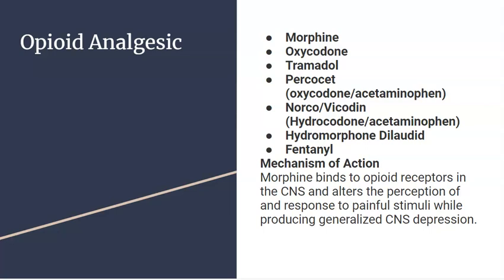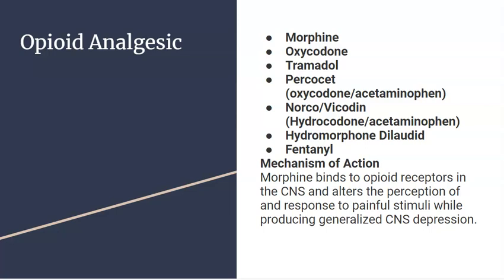The other group of pharmacological analgesics are opioid analgesics. Those include medications such as morphine, oxycodone, tramadol, Percocet, and just know Percocet has oxycodone with acetaminophen. And then Norco or Vicodin is hydrocodone with acetaminophen, hydromorphone or Dilaudid, and fentanyl.